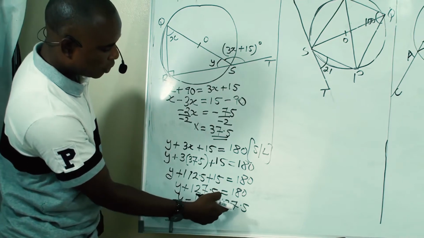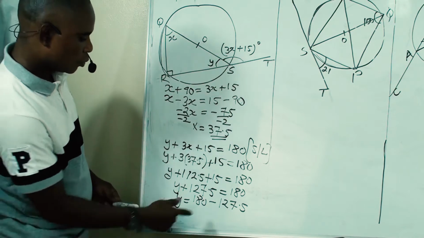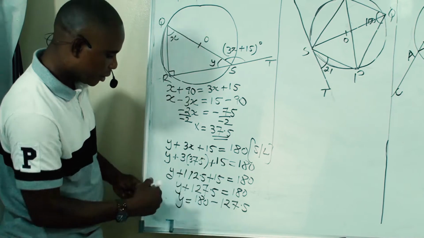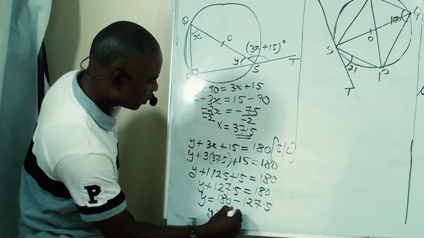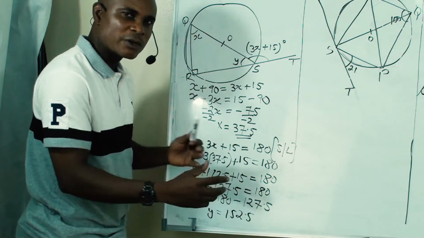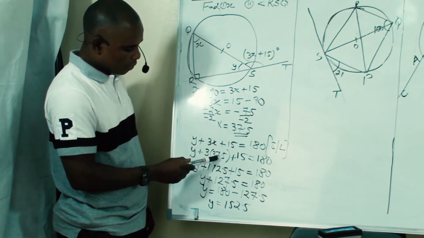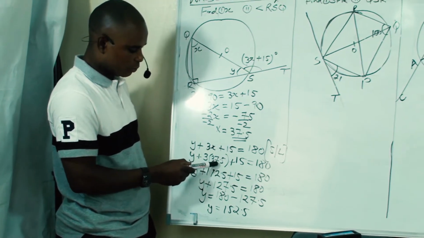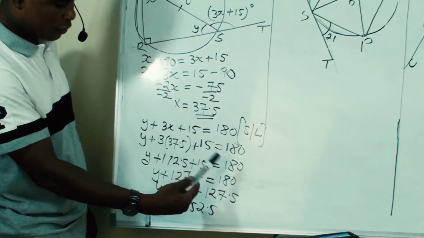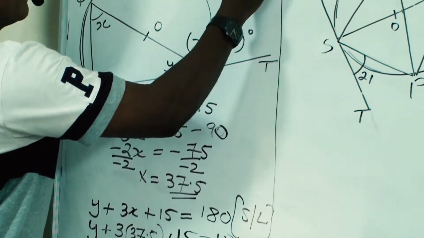If I take 127 from 130, I'm going to have 2.5, which is going to give you 52.5. So this is 152.5. Sometimes you don't need a calculator. You just look at it and solve it. I just substituted: I said this is 37.5, I substituted 3 times that, gave me that, and I have 15 plus that. This gives me that. So if I transpose, I will have the answer like that. This is now the value of y.